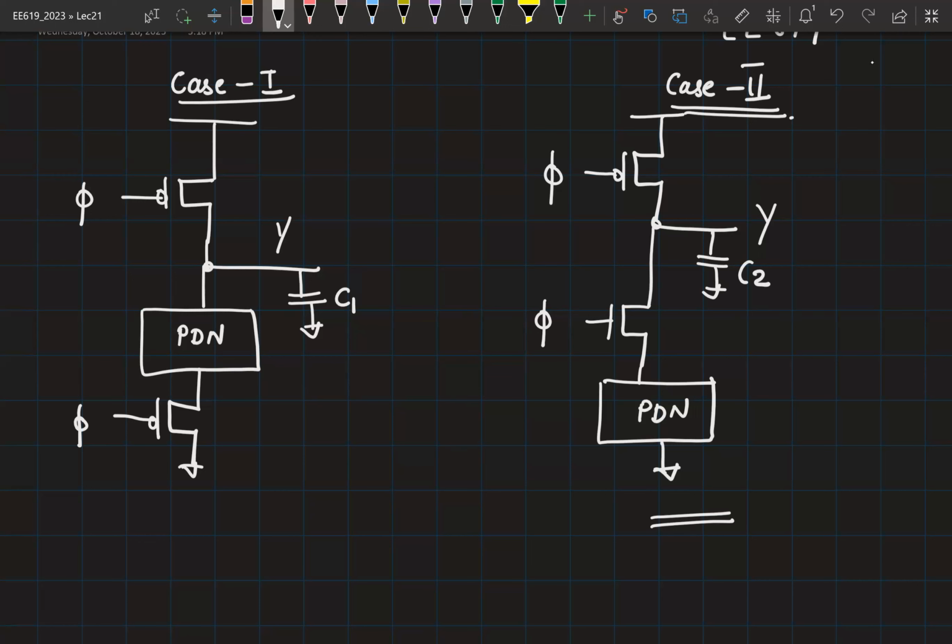VDD by 2 to? So what do you mean by VDD might go to VOH? VDD is here. Output is floating. Why would it reduce?